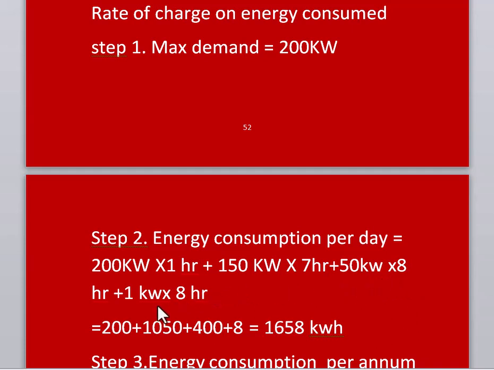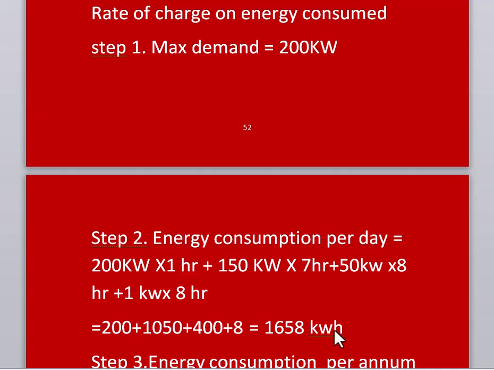Next, the remaining period is only 8 hours. In that period 1 kilowatt power is used. So 1 kilowatt into the number of hours, that is 8 hours, will give the energy consumed in this last 8 hours. After simplification, we get 200 plus 150 plus 400 plus 8, and the total will become 1658 kilowatt hours.